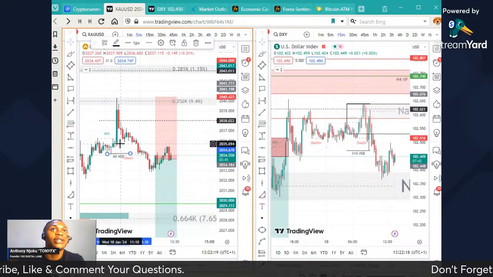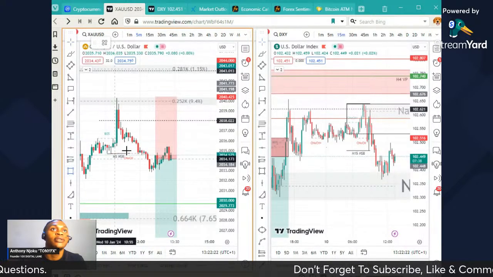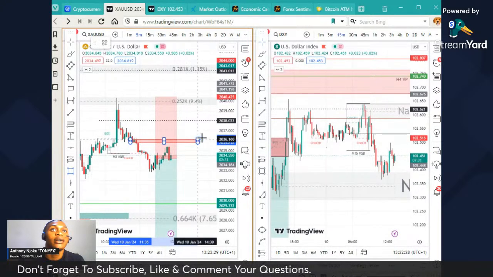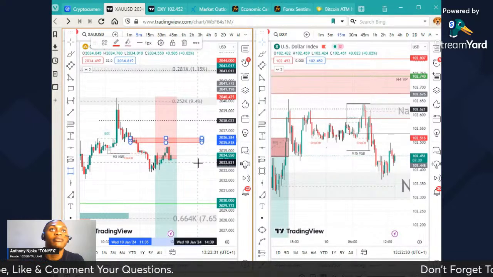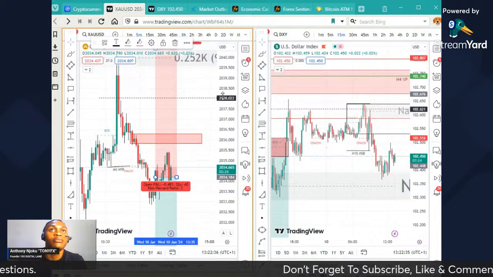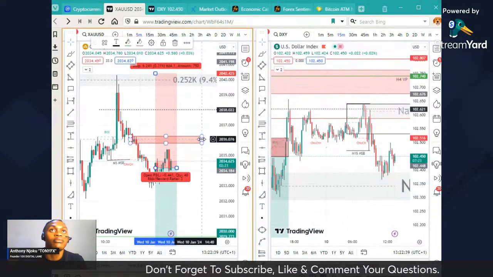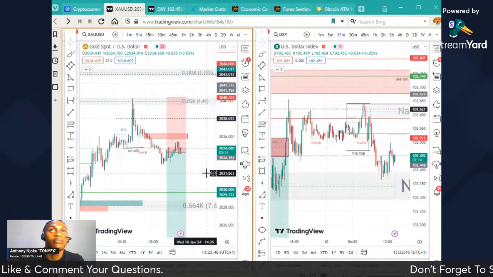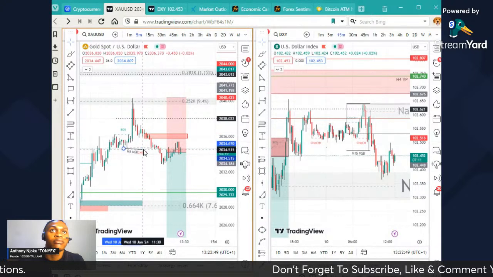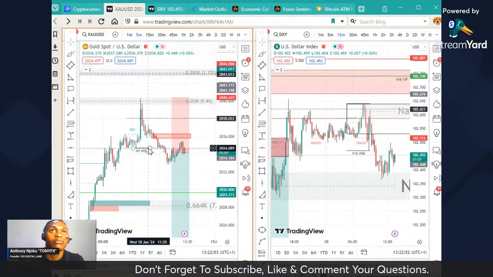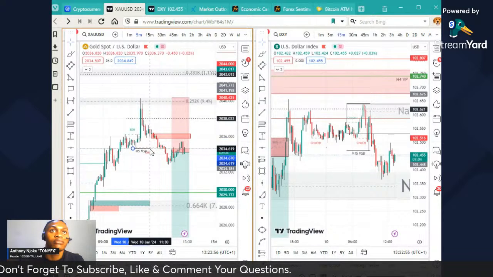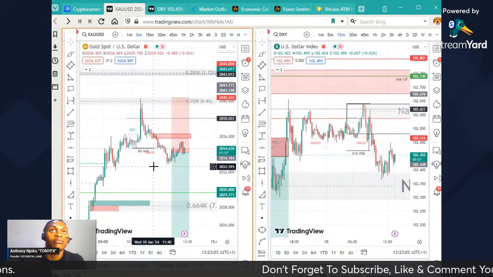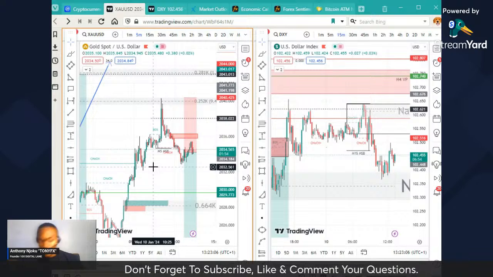So the last green candle before that change of character was this candle, and it has not been mitigated before. So that's what I see.